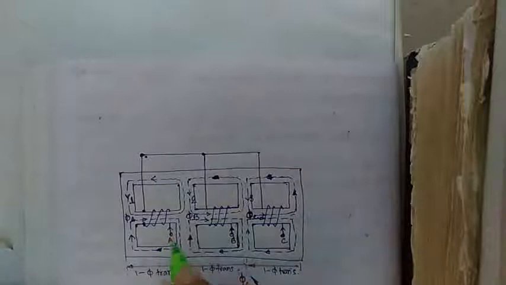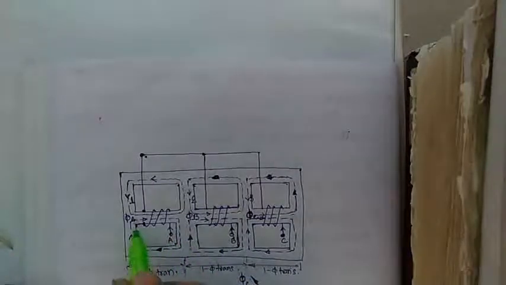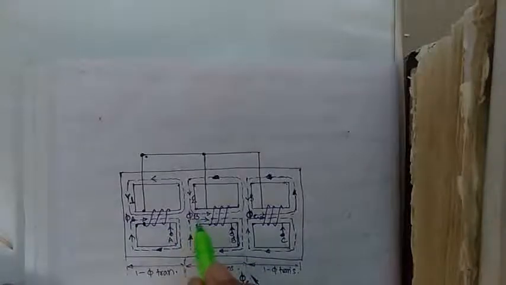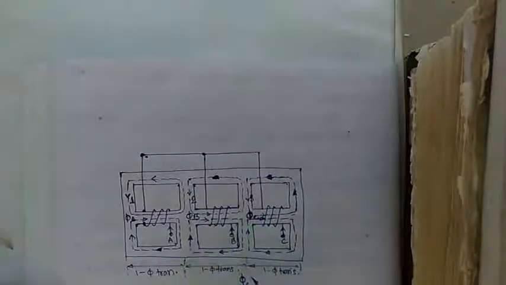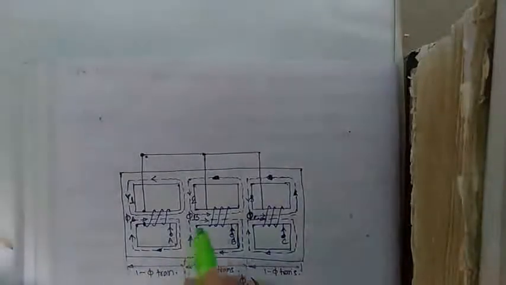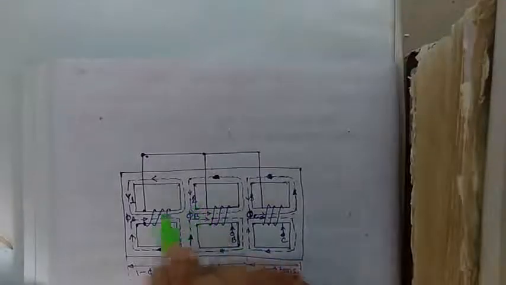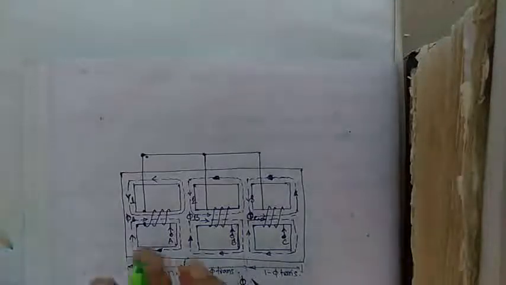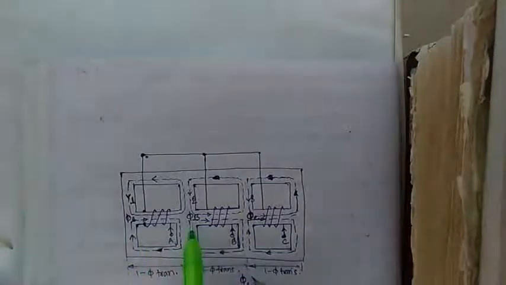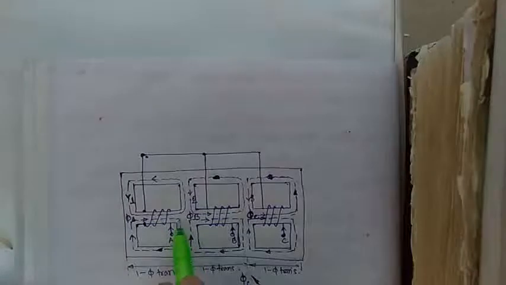So we draw the flux rotation, that is phi A, this is phi B, this is phi C. Then the system resultant flux, suppose we mark here 2, that should be equal to the resultant flux difference of phi A by 2 and phi B by 2.